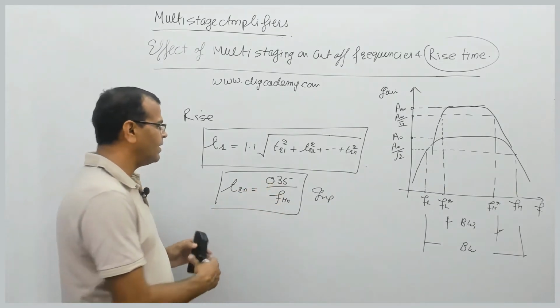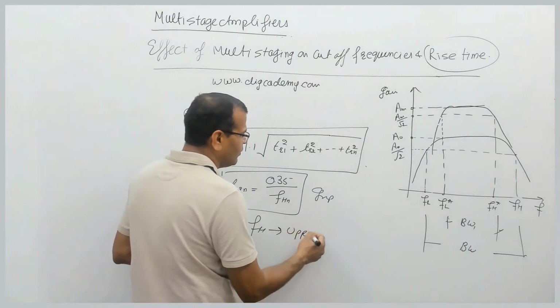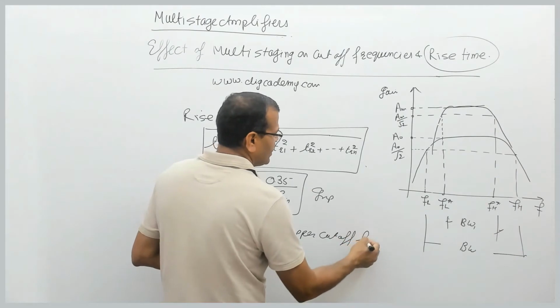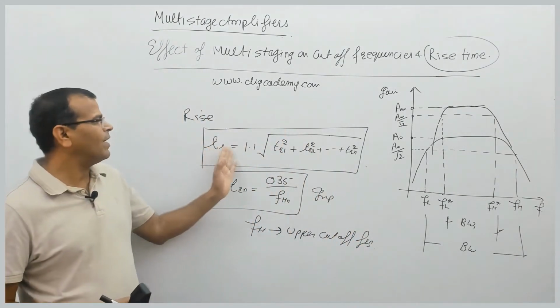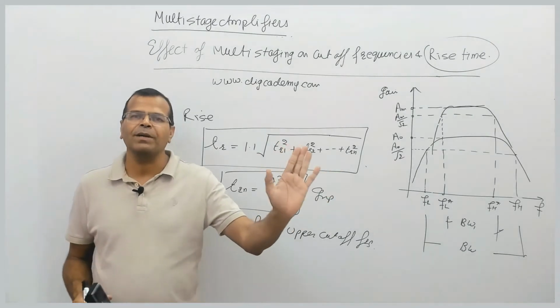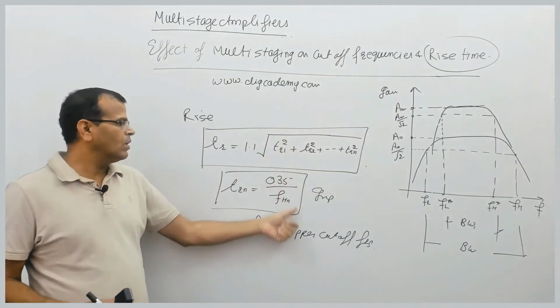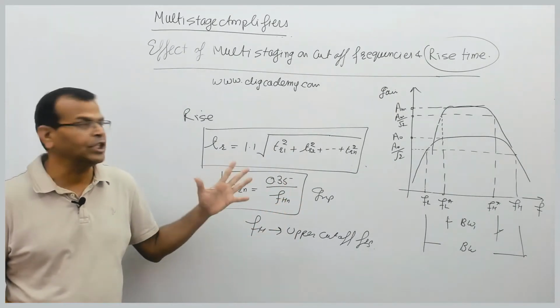And what is FH? FH is the upper cutoff frequency of that stage. You should remember it. Fine. So I can find the overall rise time of a multi-stage amplifier if I know the rise time of each stage, or if I know the upper cutoff frequency of each stage.